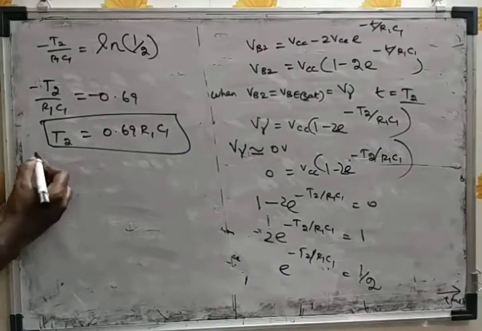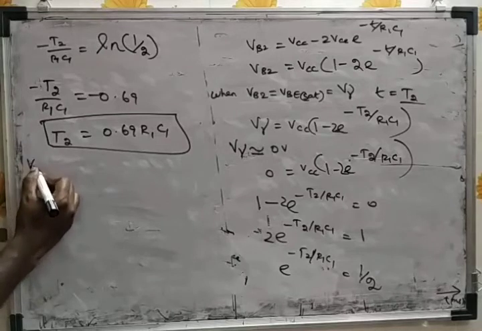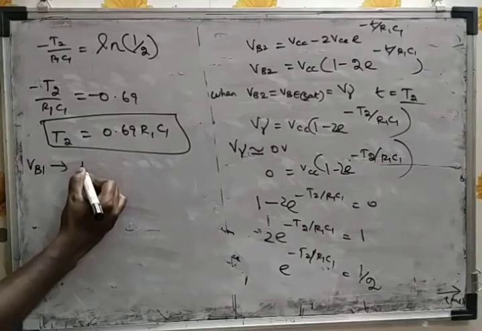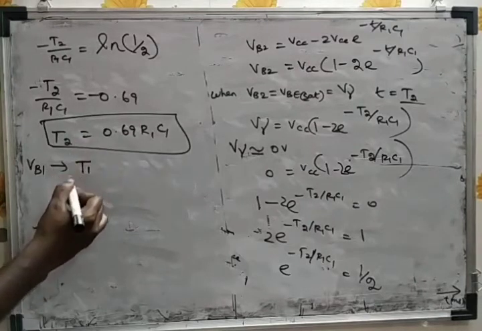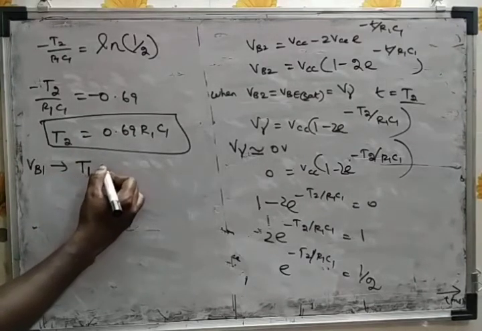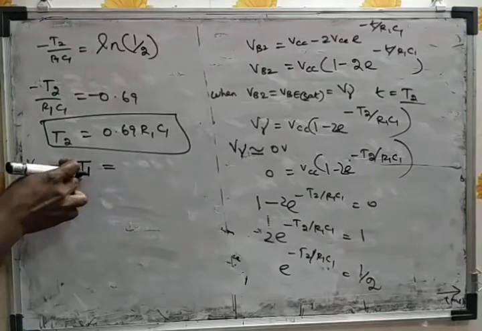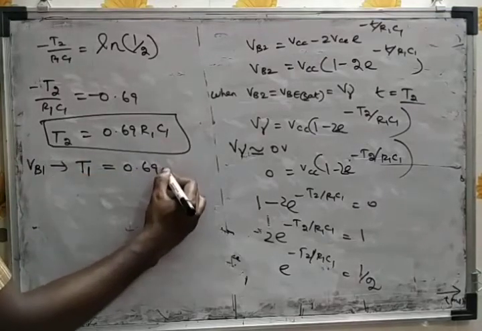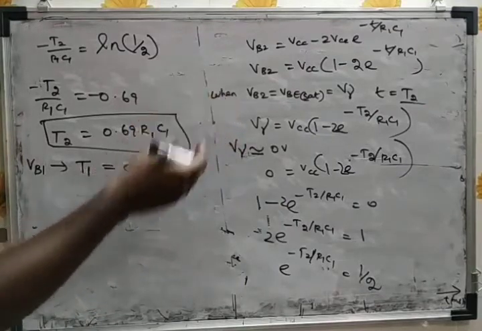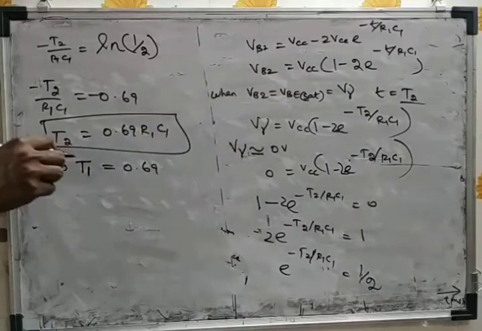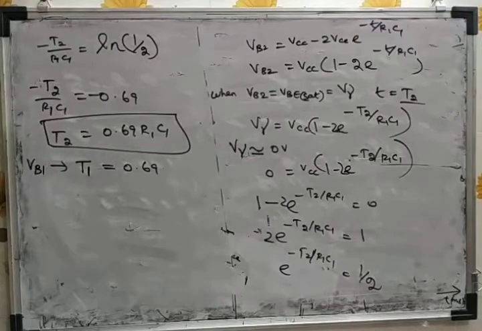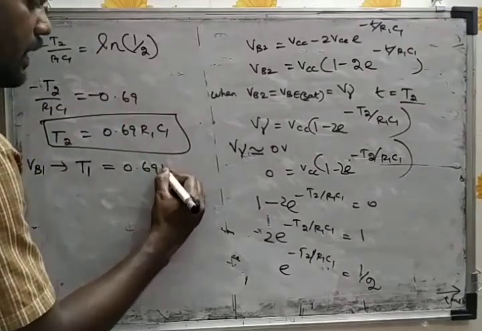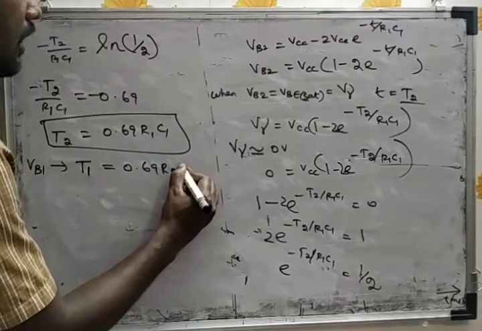Similarly, in waveform VB1 we have time period T1. If you are solving T1, you will get 0.69 with the time constant of R2 C2, since VB1 is connected to R2 C2. So you will get 0.69 R2 C2.